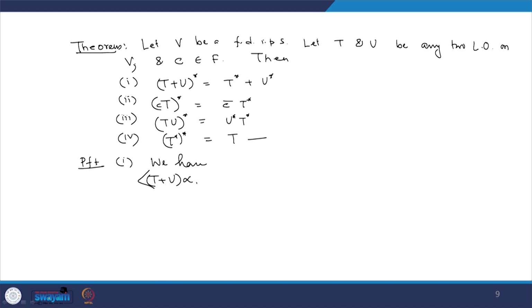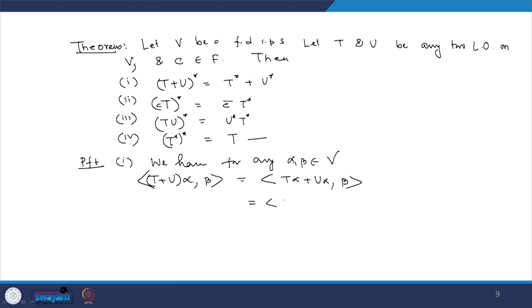If I take the inner product of this with beta, for any alpha, beta belonging to V, the inner product of (T plus U) alpha and beta is equal to T of alpha plus U of alpha and beta.